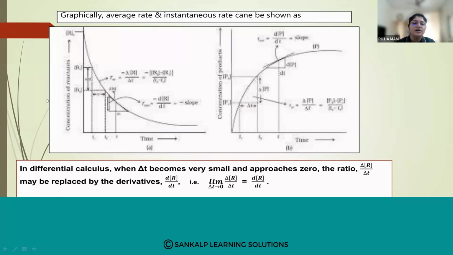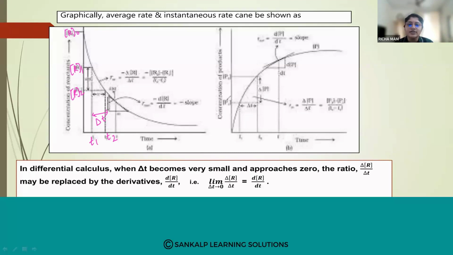Here this is your R naught, the concentration of R naught. This is the concentration of R1, and this is the concentration of R2, at time T1 and time T2. This is delta T, the change in time.